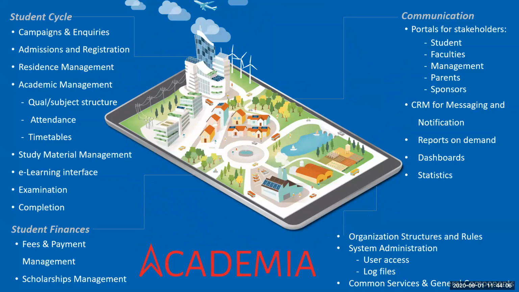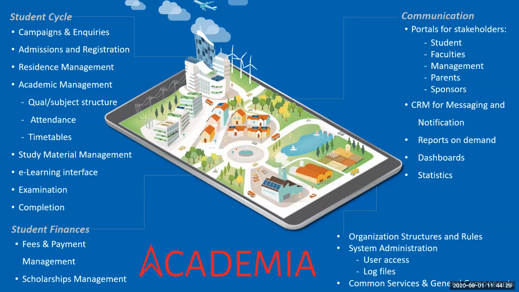What does academia do? It manages your cycle. So from campaigns and inquiries, your admission and registration process, right through to examinations and completion of your student cycle, managing all the different components of that cycle. Then, of course, it also manages the student finances, the payment and the setting up of the fees, and the scholarship management.